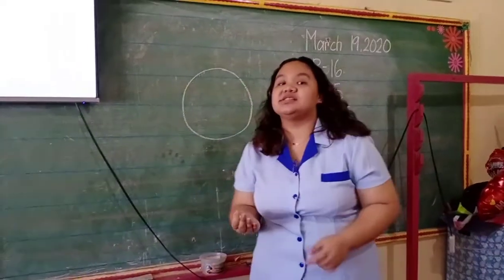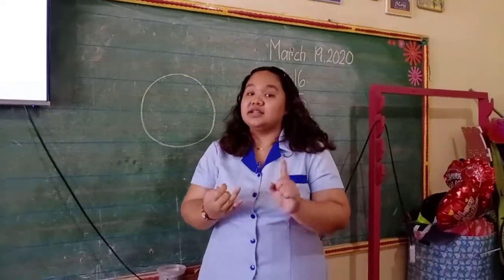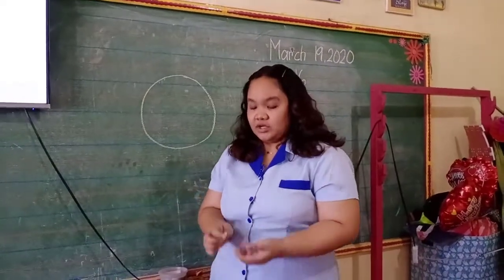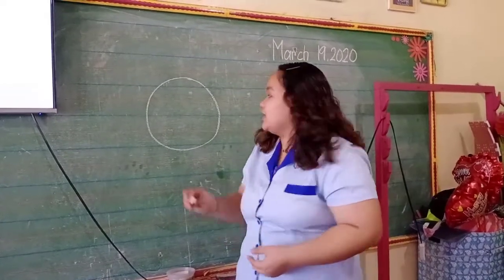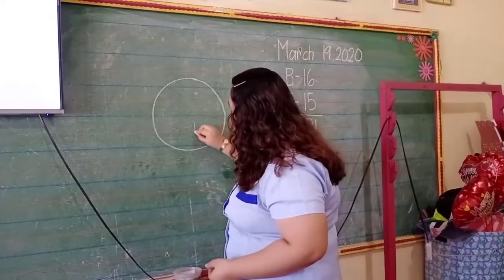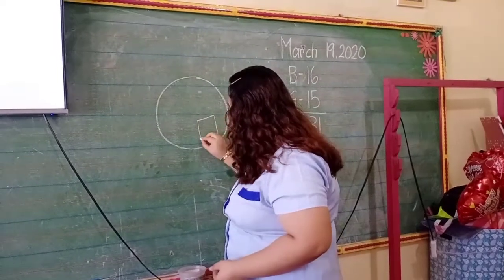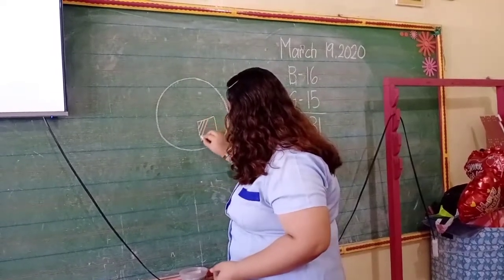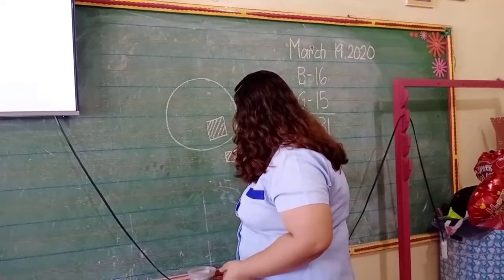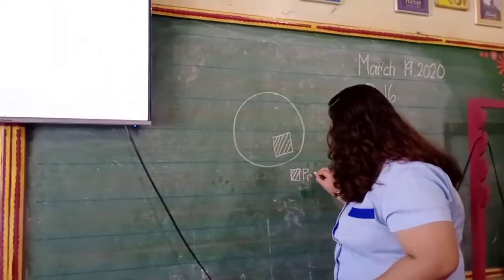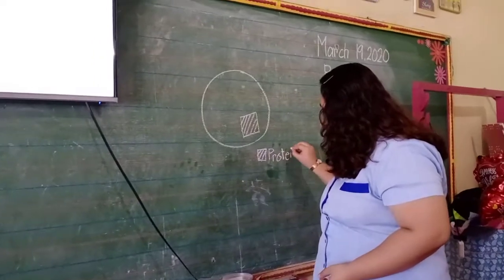Our plate should consist of the carbohydrates, the protein, and the vegetable. Let us visualize that our protein is the square. This will be our protein.